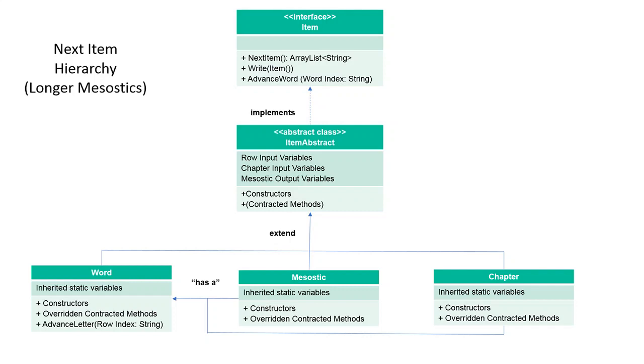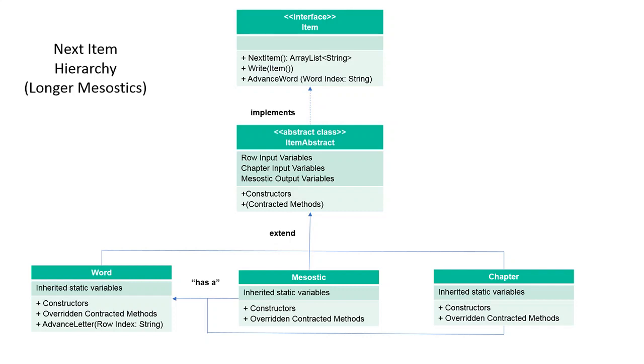The mesostic object will create one mesostic at a go by implementing within it the word object. And the chapter object will create all the mesostics that are found and preserved from the beginning of a given chapter to the end of the chapter.